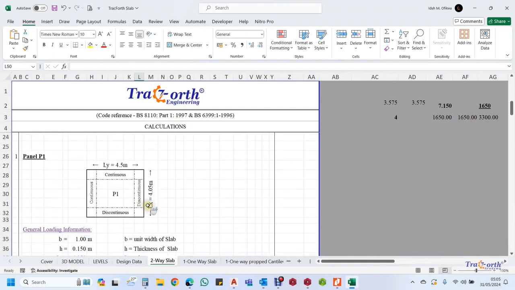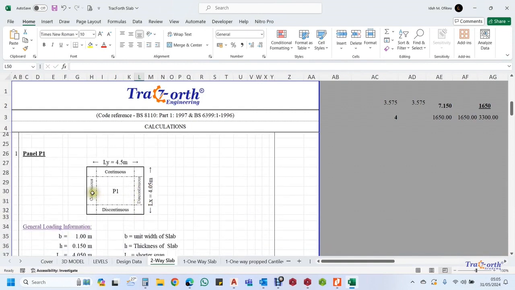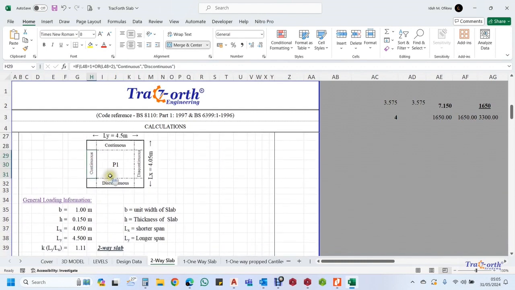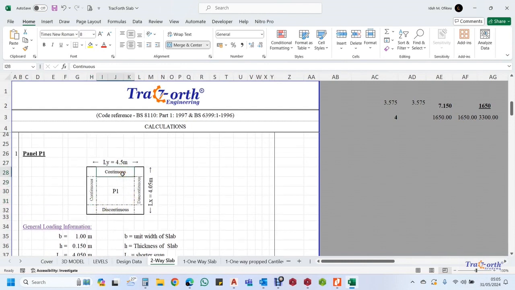So here the short edge, one is continuous, the other one is discontinuous. For this, we have it as a discontinuous edge. So both edges discontinuous, one.